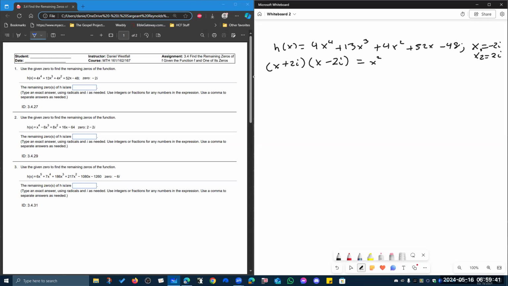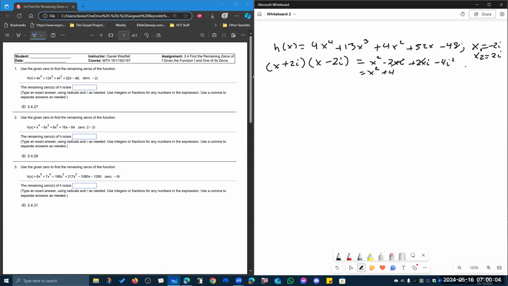X times negative 2i is negative 2xi. 2i times x is a positive 2xi. And 2i times negative 2i is a negative 4i squared. These cancel each other out, and that leaves me with x squared. Negative 4 times a negative 1 is a positive 4.